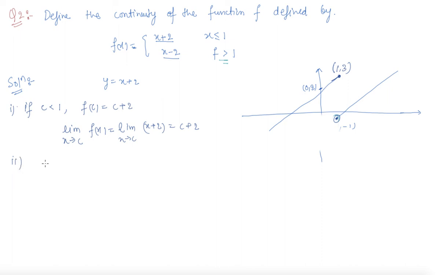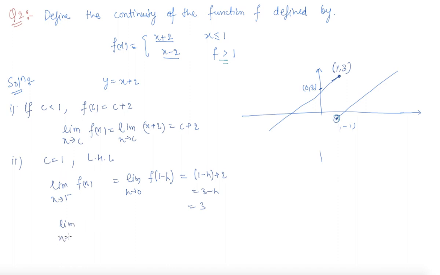Now I am directly jumping to the point where x is equal to 1. If c is 1, then the left hand limit, x tends to 1 minus, is the limit as h tends to 0 of f(1 minus h), which is 1 minus h plus 2, that is 3 minus h, so this is 3.